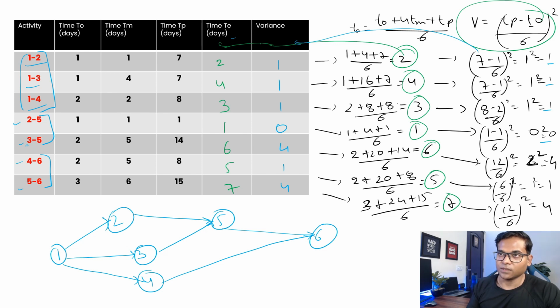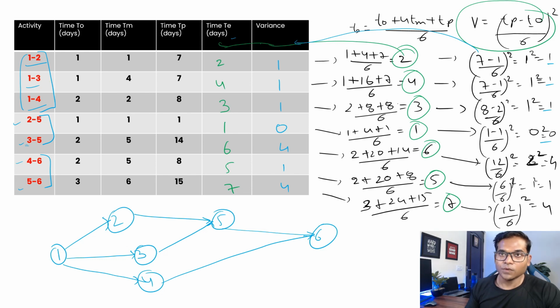And if you assign the durations, this is the duration here. This is 2. Let me change the color. Let me erase this first.